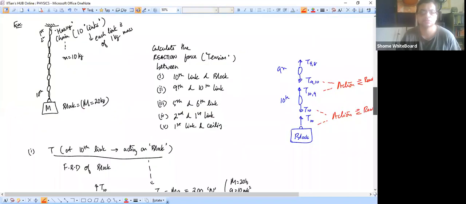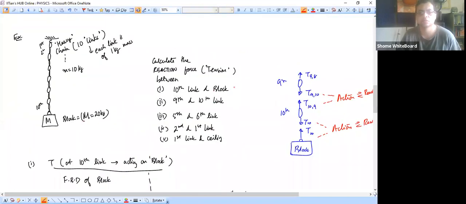This was the question. So what we saw here, that this was 200 newtons. This was 210 newtons. This was 250 newtons. This was 290 newtons.